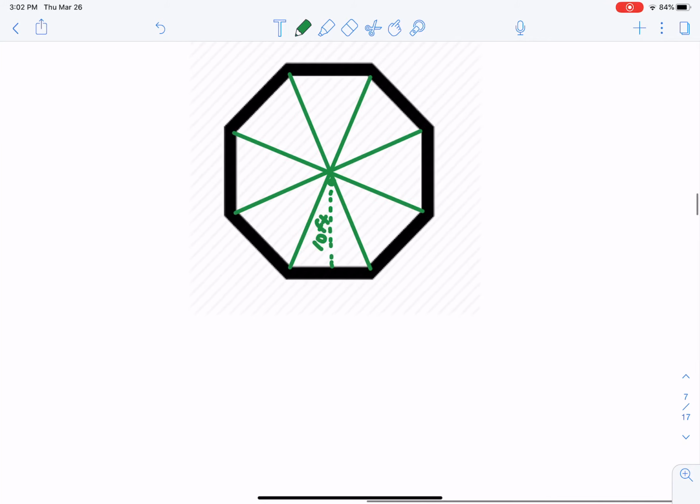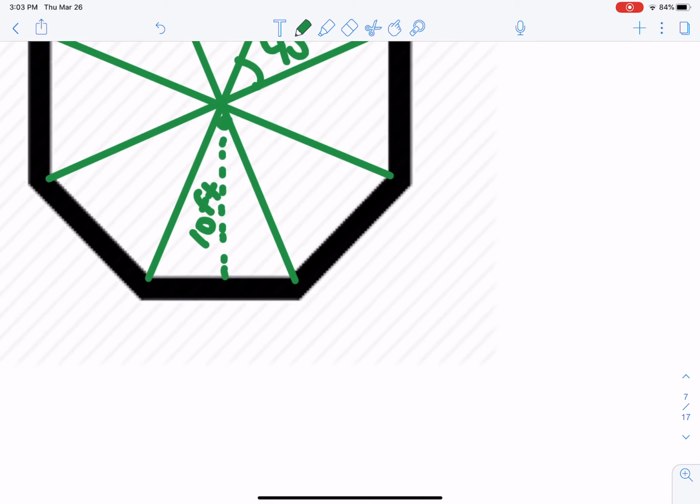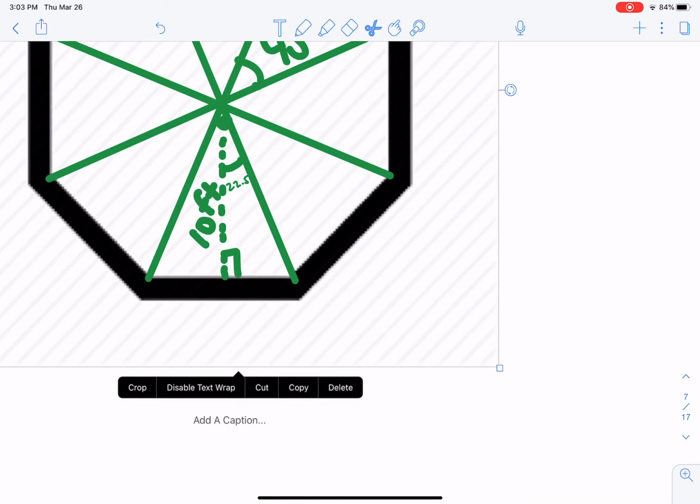This one's a little bit different because they gave us the apothem. So same steps, 360 divided by, there's 8 sides. That gives us 45 for each. So if this is a right triangle, this would be 22.5 degrees.